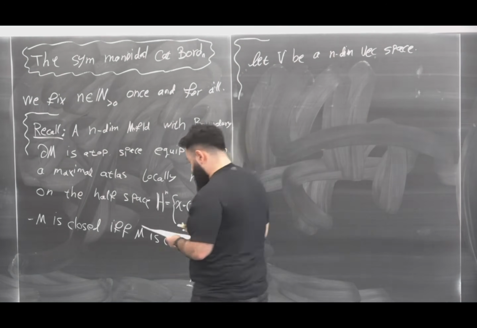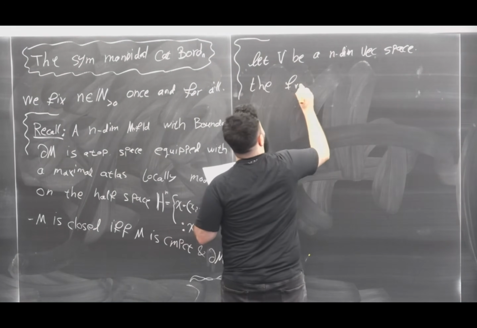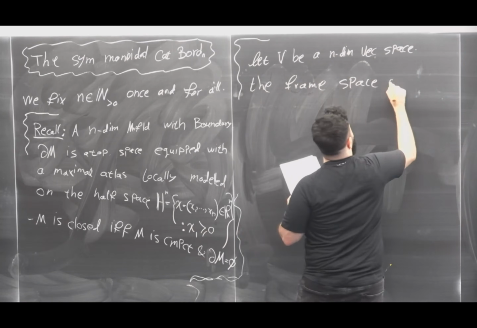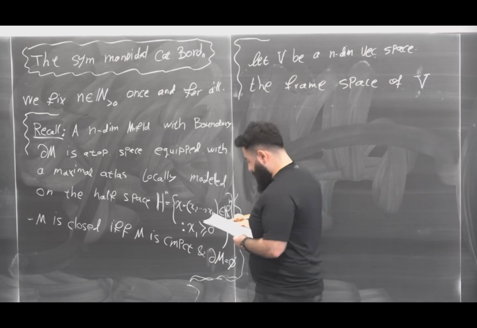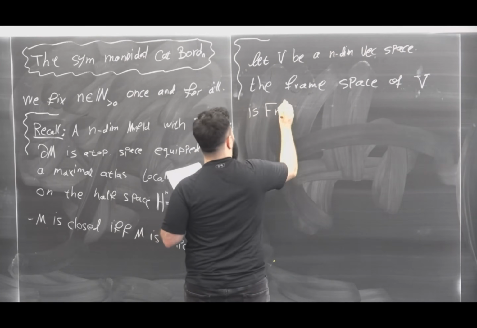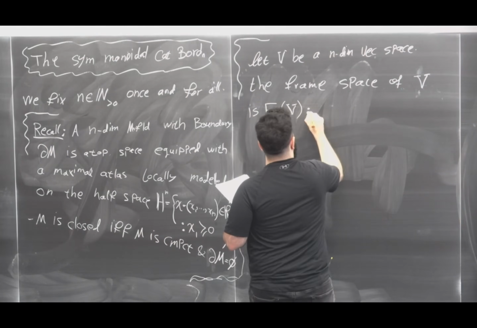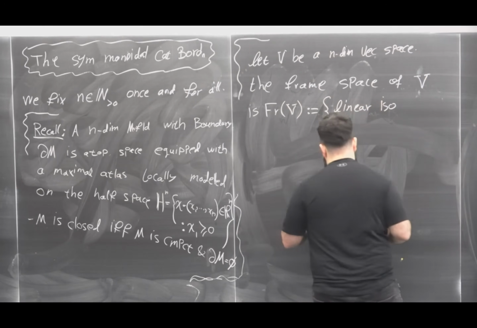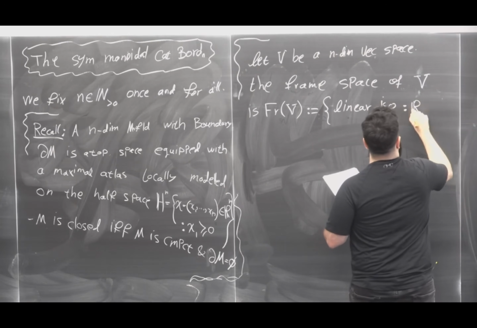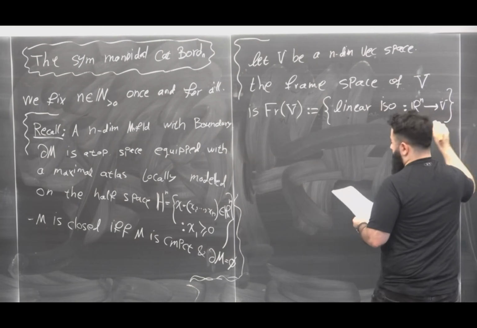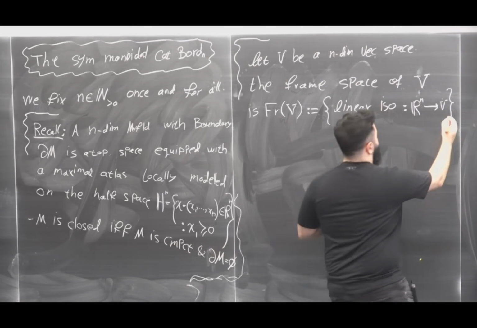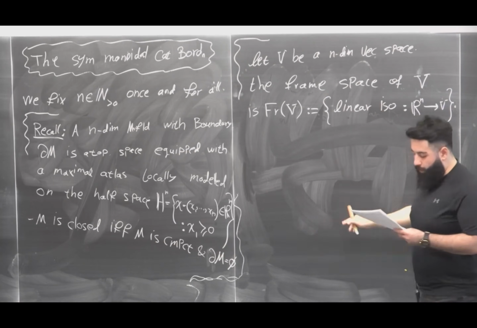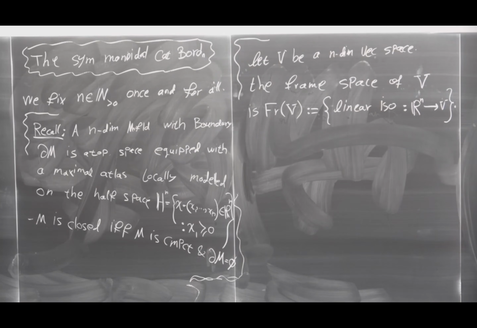The frame space of V is defined as the set of linear isomorphisms from Rn to V. Equivalently, it's a set of ordered bases of V. Let's put that as a remark.